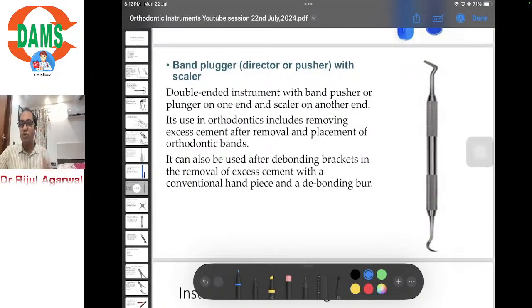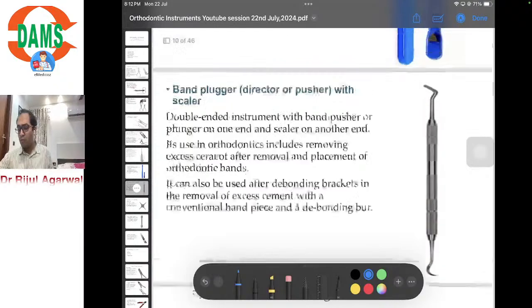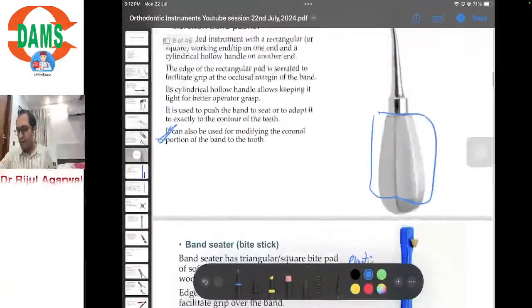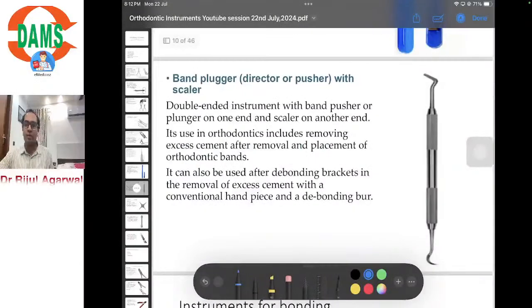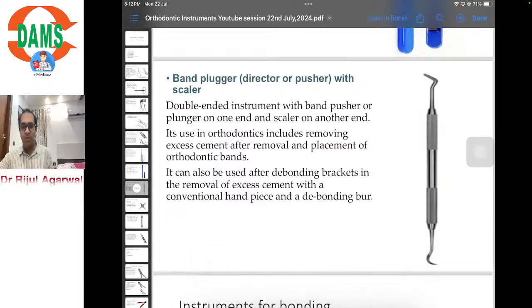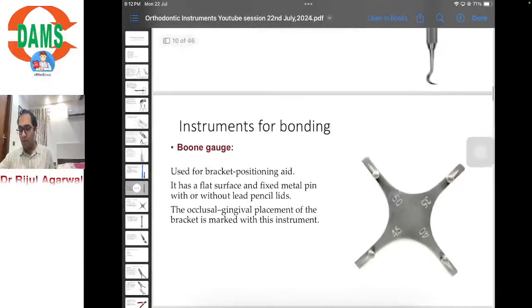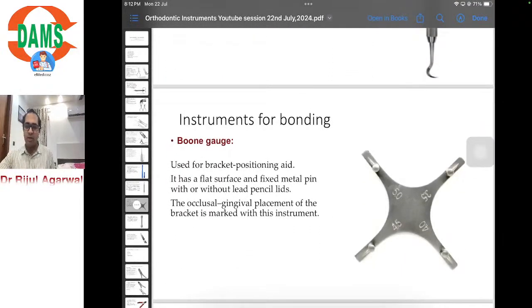It can also be used after debonding brackets for removal of excess cement with a conventional handpiece and a debonding bur. So again, an easier instrument to identify. Mostly what they ask is band pusher and band seater. This is rarely used in clinical practice, band plugger, but just for completeness' sake, I have mentioned it here. Okay, so these were the instruments for banding.